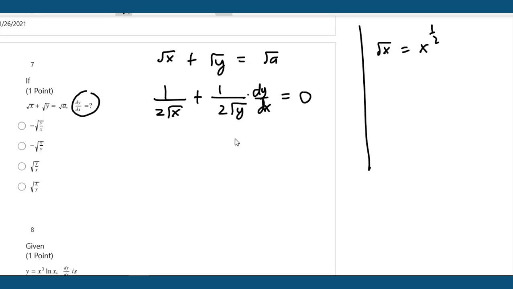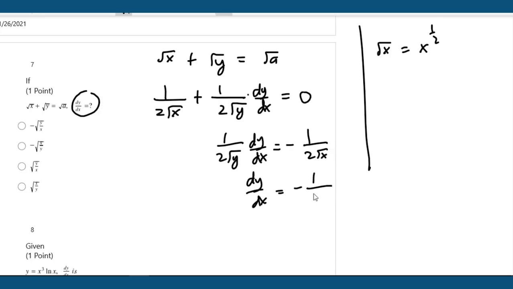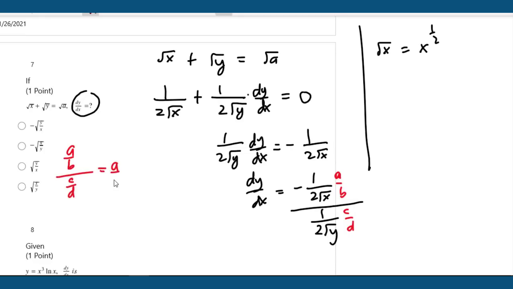So we are going to find dy/dx. 1 over 2 root y times dy/dx is equal to negative 1 over 2 root x. You can bring it to one side. So dy/dx is equal to negative 1 over 2 root x, over 1 over 2 root y. Using this concept, a over b, over c over d, is equal to a over b times d over c.